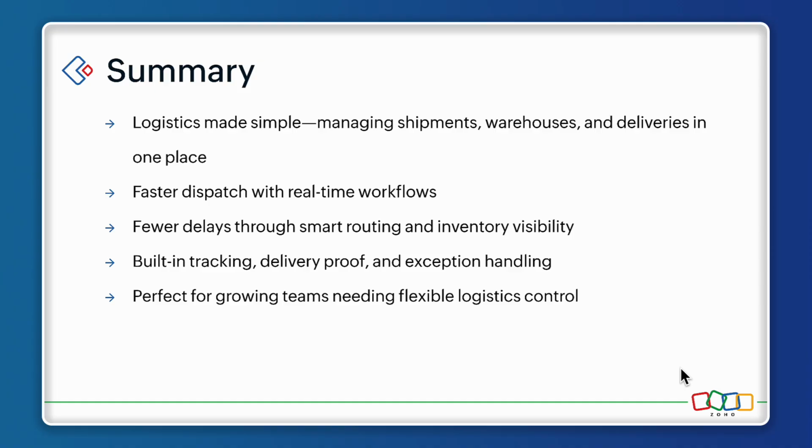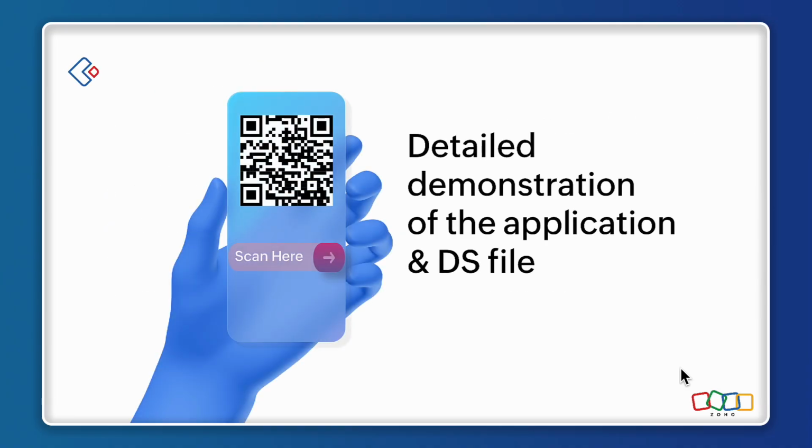Overall, this application is perfect for growing teams needing flexible logistic control. If any of you are from a logistic background, this application will be very helpful to maintain all the different processes involved in logistics in one single place. So that's about the summary part.